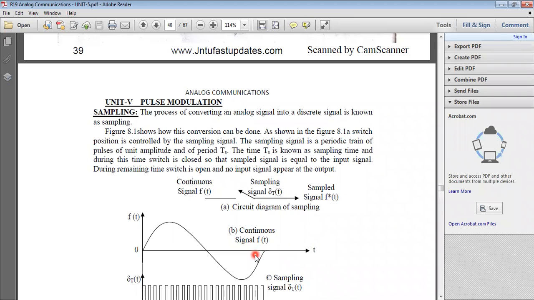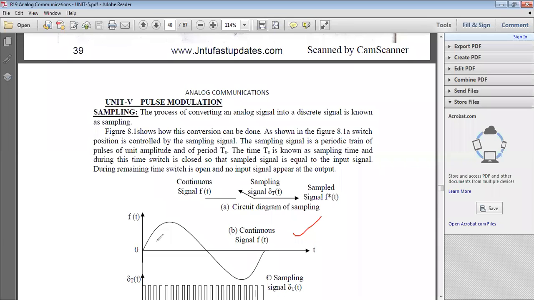Suppose we consider an analog signal like this, over one second. This is a continuous or analog signal, denoted f of t.